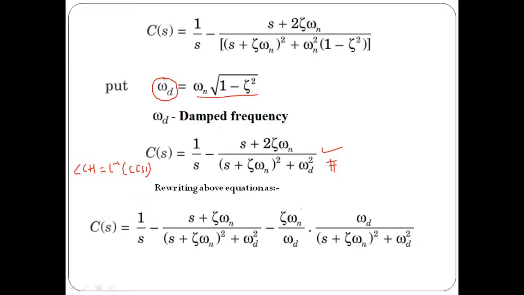I hope everybody got this equation. C of s is nothing but 1 upon s minus the entire term. If you are done with this, you can reply in the chat box so that we can move ahead.